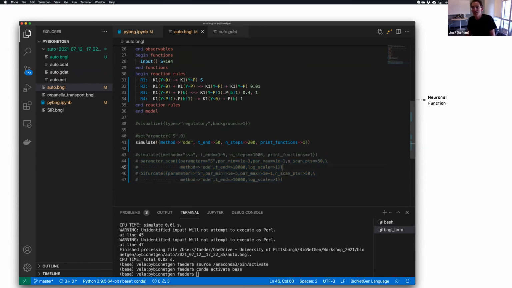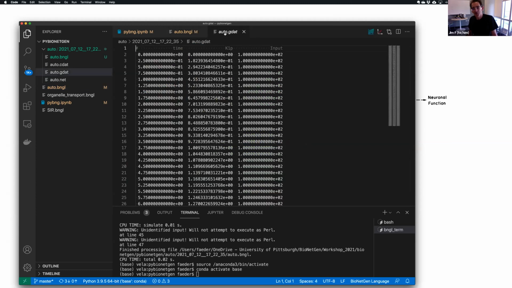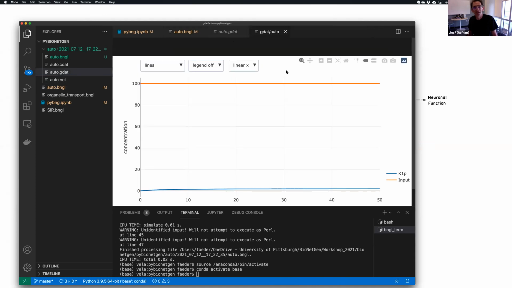So that's a safer comment. That would prevent that error message from happening. Fortunately, PyBioNetGen executed the lines above that before it got to the error, and so it actually ran what I wanted to run. And so now we have our time course, and we can make a plot.